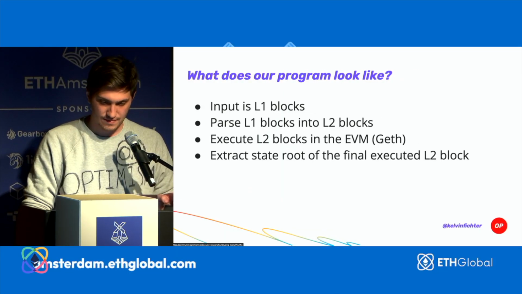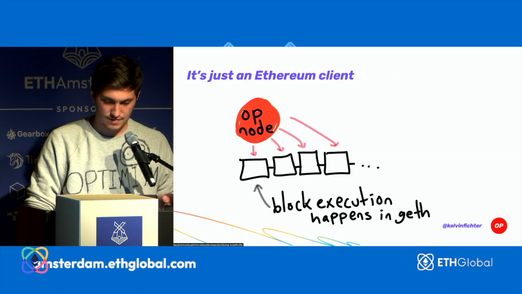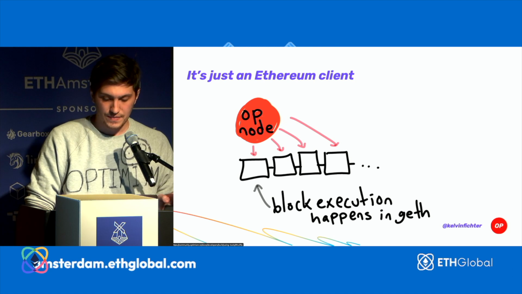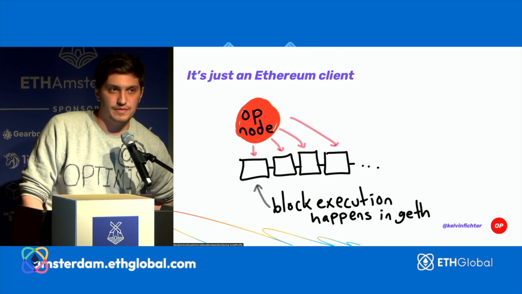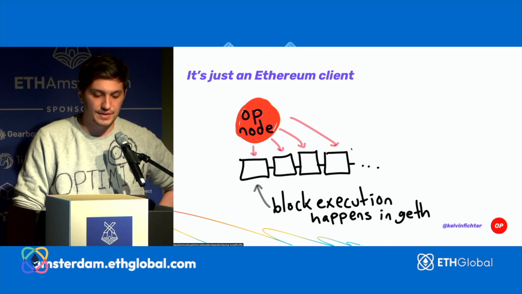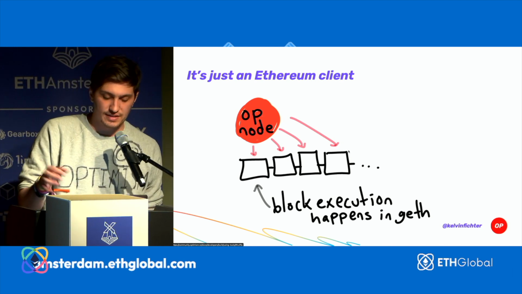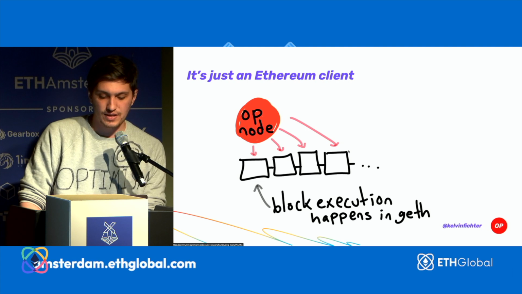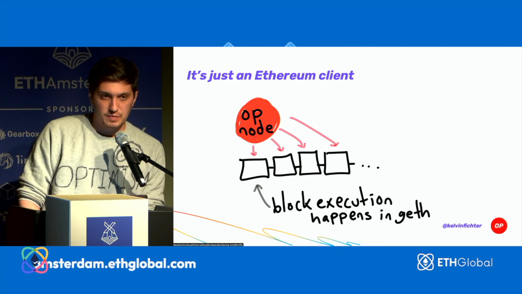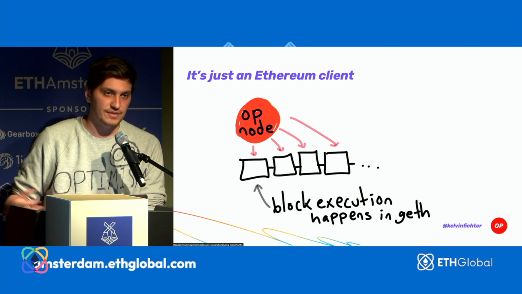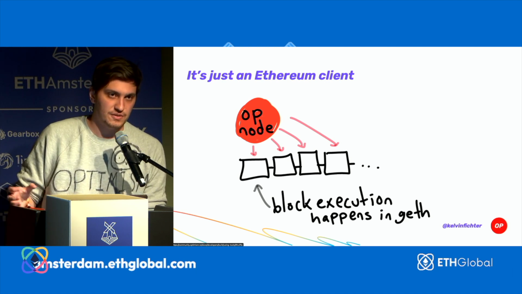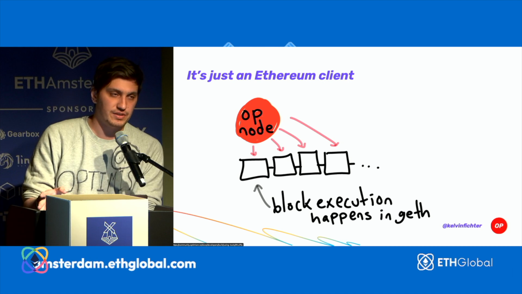Okay, so part of the safety of an optimistic rollup is the ability to prove. If people aren't familiar with the idea of an optimistic rollup, you're publishing transaction data. You take transaction data from users, you bundle it together, and you publish it to layer 1.